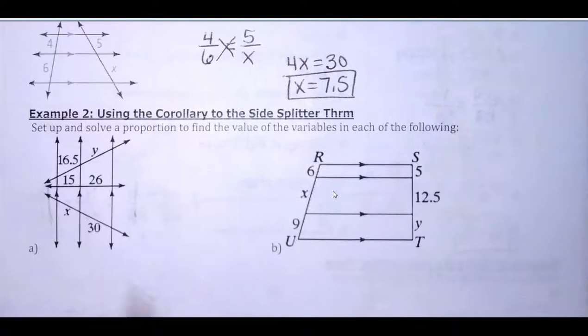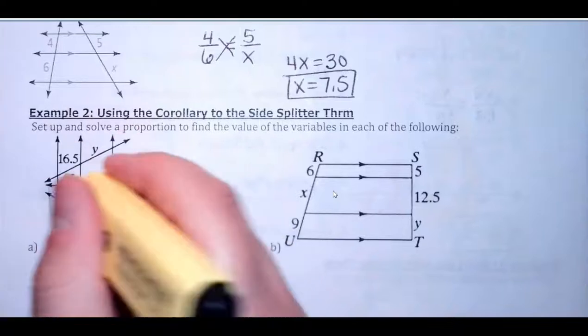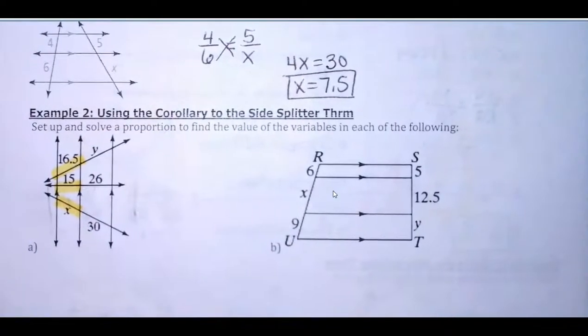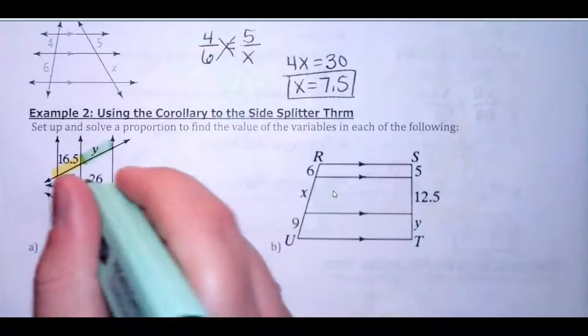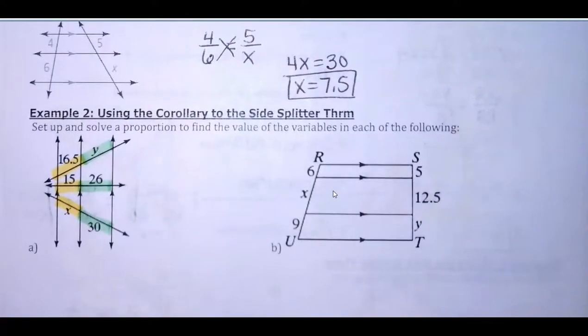If I was doing this problem, I'm just going to highlight the segments here real quick that are cut off by the same parallel lines. So those 3 little segments, the x, the 15, and the 16.5, those are cut off between the same parallel lines. And again, these are not congruent to each other, but they are in proportion.